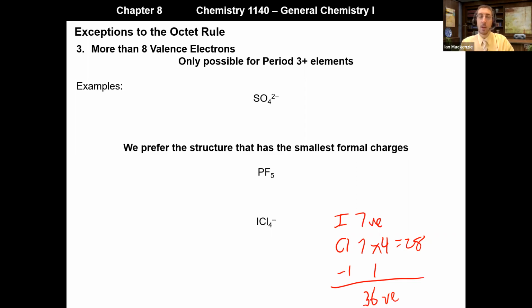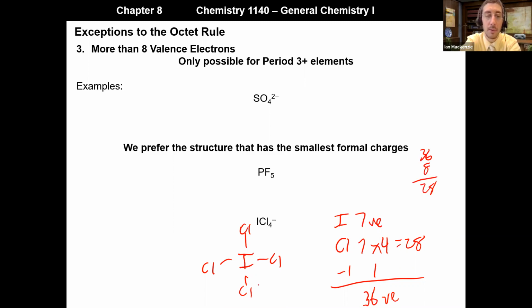But iodine is lower in the periodic table, so I put it in the middle. So iodine goes in the middle. The 4 chlorines go on each of the 4 faces. And that uses up, of my 36, that uses up 8. So I'm back to 28.